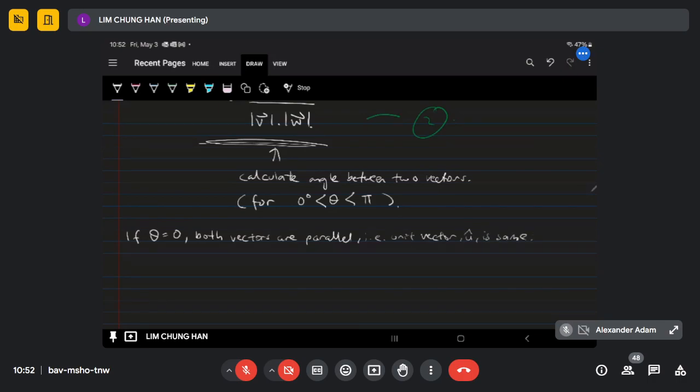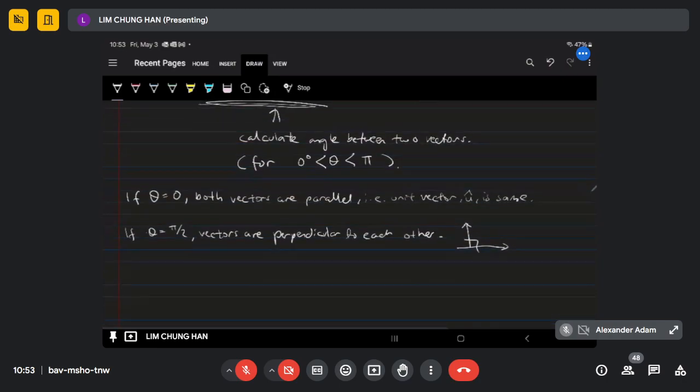Now, if theta is pi over 2, in other words 90 degrees, both vectors are perpendicular to each other. In other words, one vector like that, one vector like this, 90 degrees.